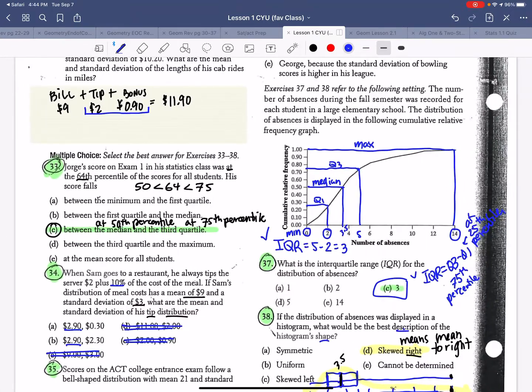You take the cost of the meal. It's like, how did I get that 90 cents? I took the cost of the bill and I multiplied by 0.10. So when we multiply, we do affect the cost, right?